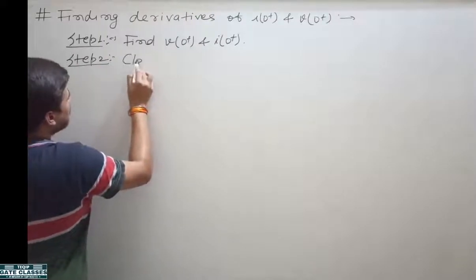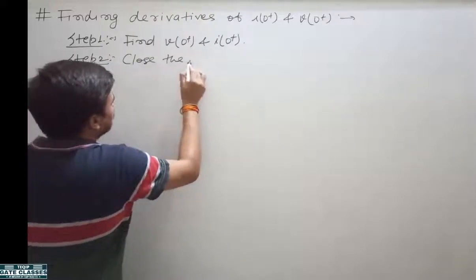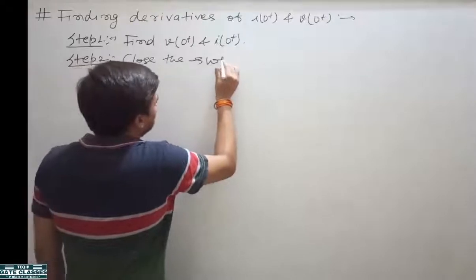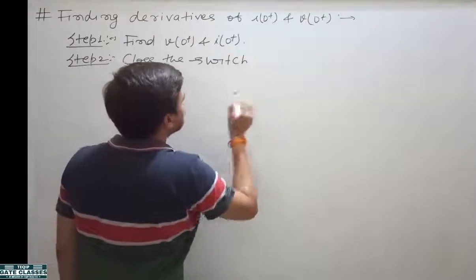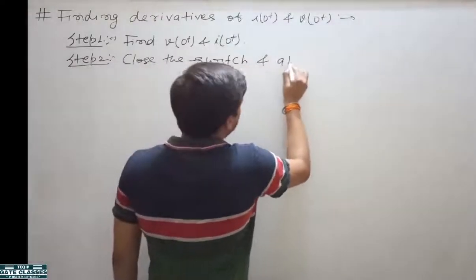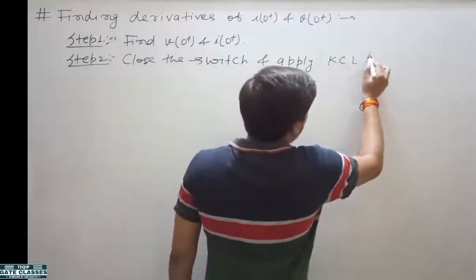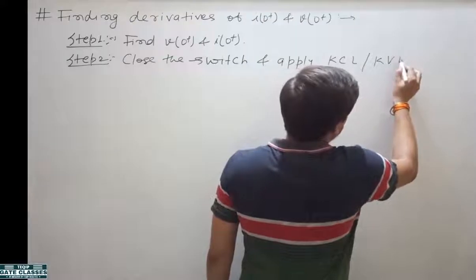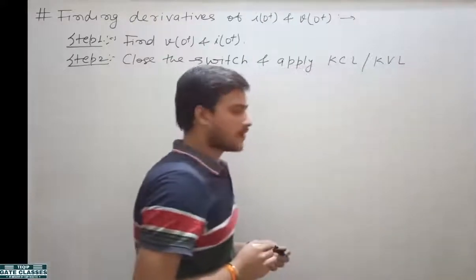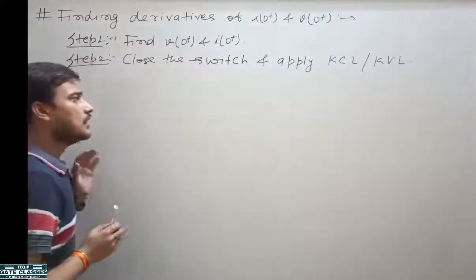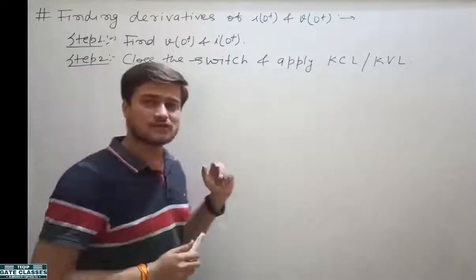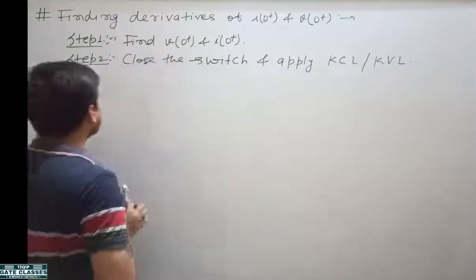Second step, close the switch. We have to close the switch and apply KCL or KVL. Depending upon the condition of the circuit, we write the equation for Kirchhoff's current law or Kirchhoff's voltage law.